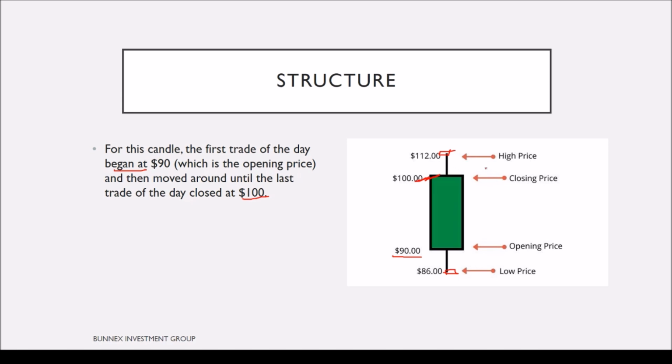So from the template that I have shown you above, this becomes the highest price, the lowest price, the opening price, and then the closing price. This was basically a $10 price increase, which makes it a green candle. We opened here, we had our low here, but our closing price was $100. So we are basically saying this stock appreciated by $10 since it started at $90 and ended at $100 for this day.